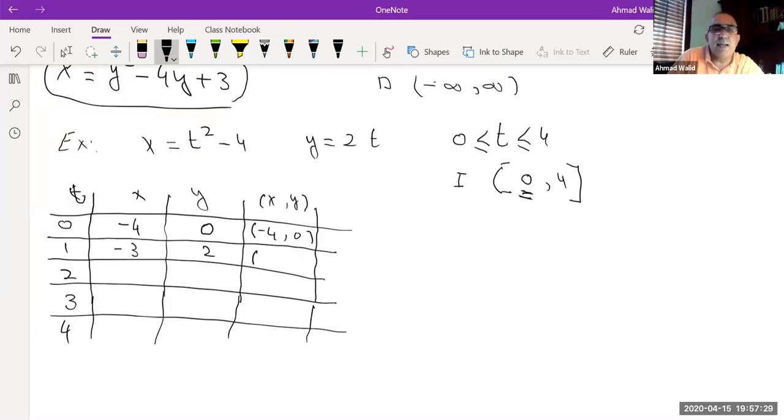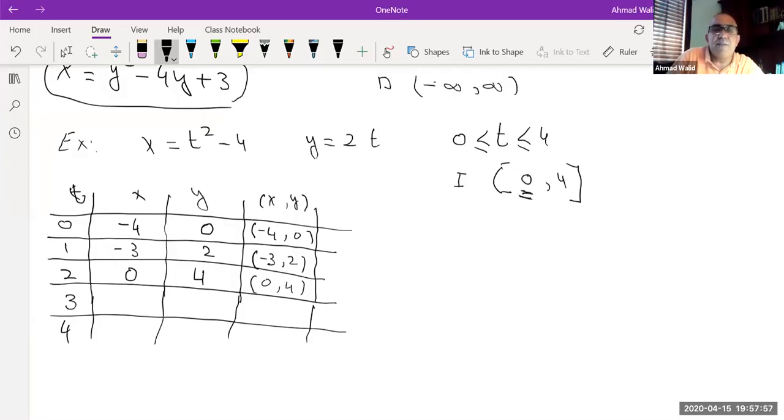It means your second point is -3, 2. Plug in 2 and the first equation gives you 0. Plug in 2 and the second equation gives you what? 4. It means 0, 4 is another point.